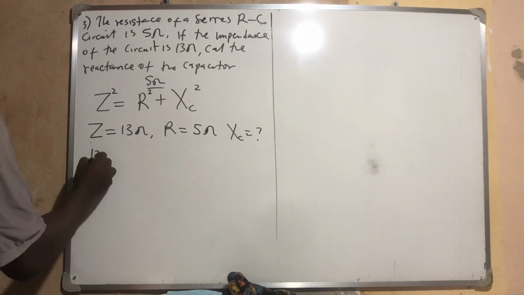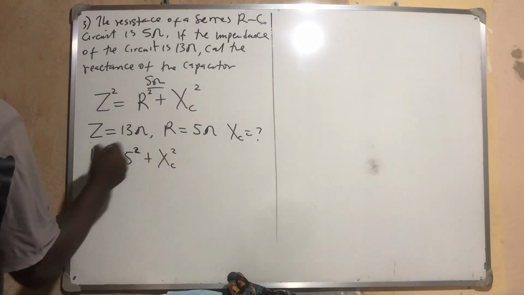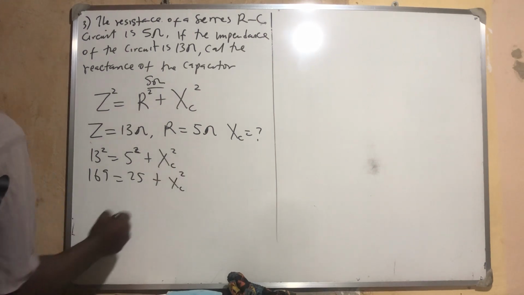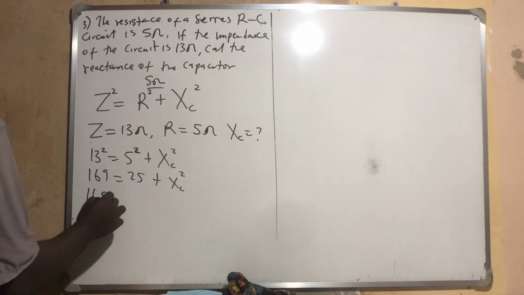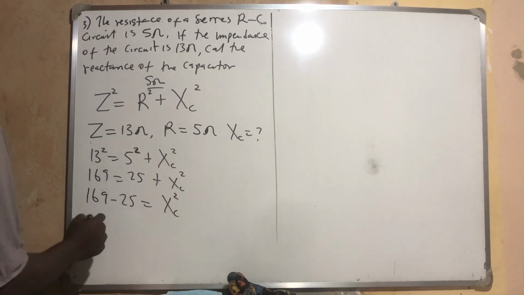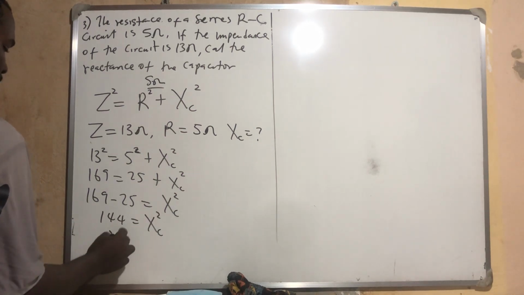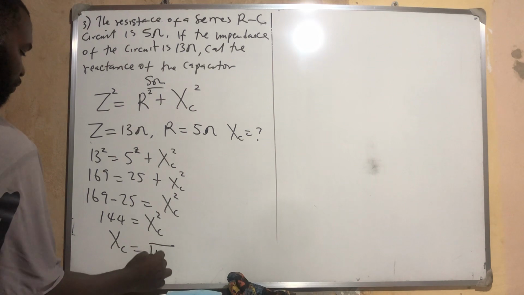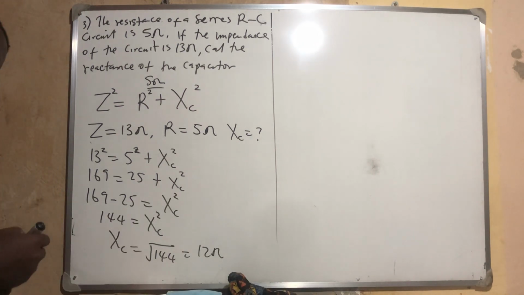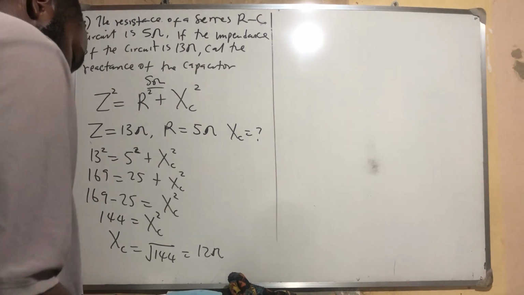So 13 squared is equal to 5 squared plus XC squared. So you have 169 is equal to 25 plus XC squared. Collect like terms: 169 minus 25 gives 144, which is equal to XC squared. So my XC will be the square root of 144, which is 12 ohms. Very, very simple to calculate.